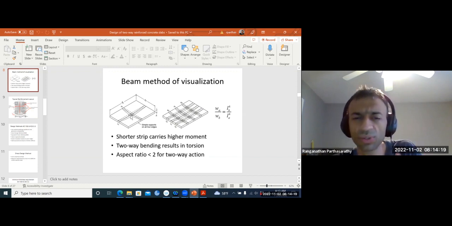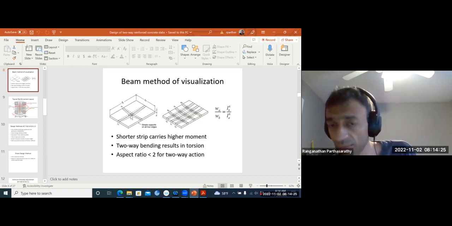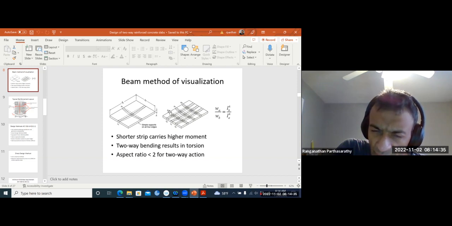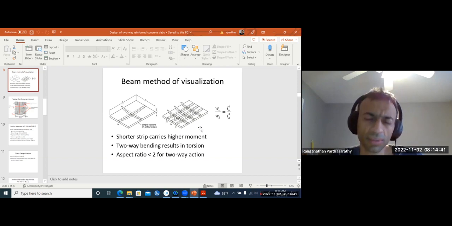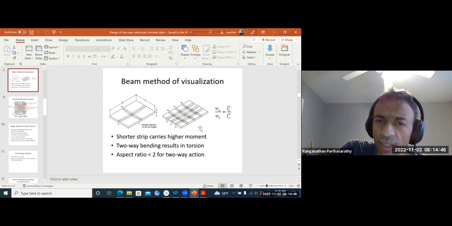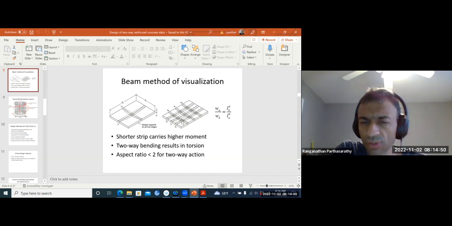So some load goes to the long strip, some load goes to the short strip. But actually it is more complicated than that, because now you can see, for example, the strip S2. You can see the L2 now, and S2. You can focus on L2 and S2.